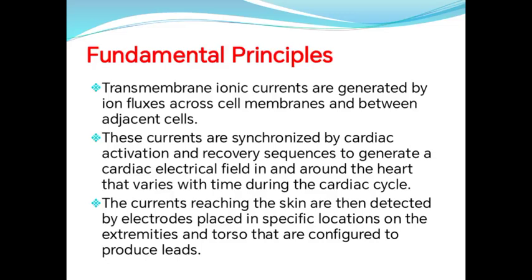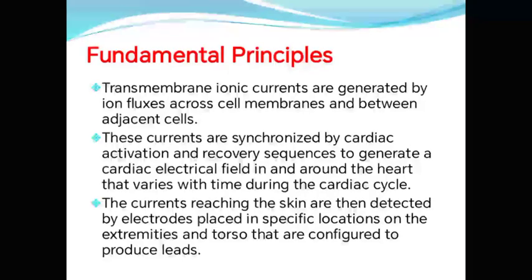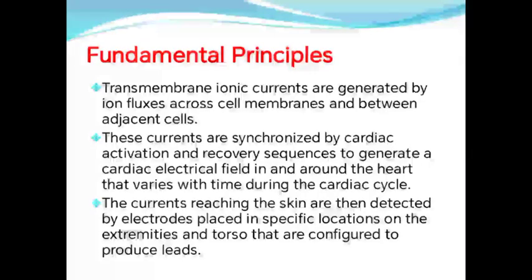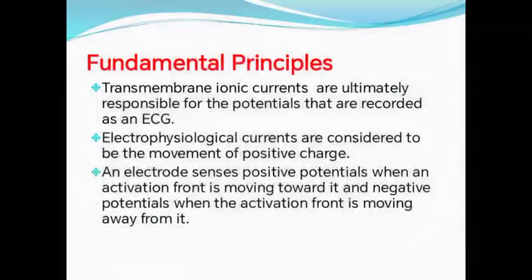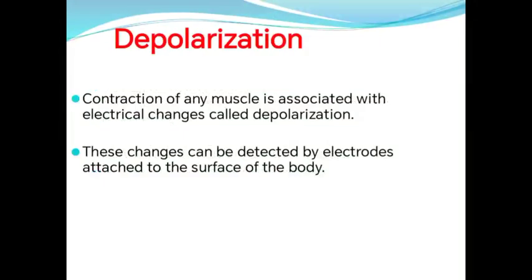The idea is that the current reaches the skin, and we can detect it by electrodes. You can put these electrodes on the extremities and on the torso, the chest wall, configured to produce leads, and we will see this in the coming slides.